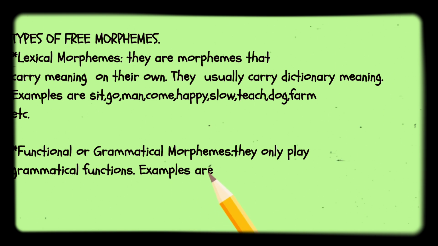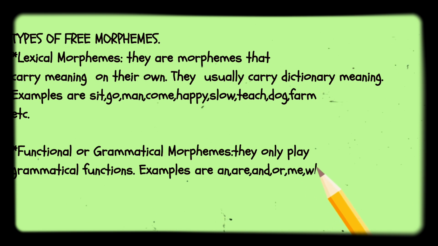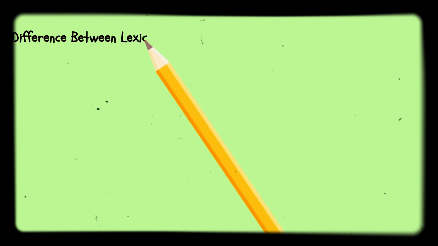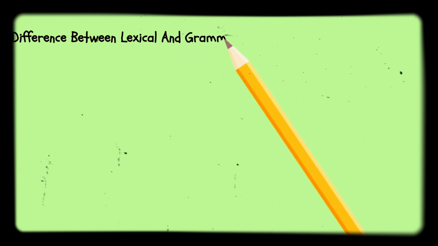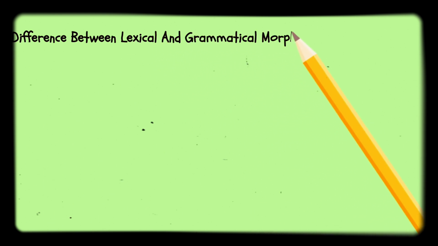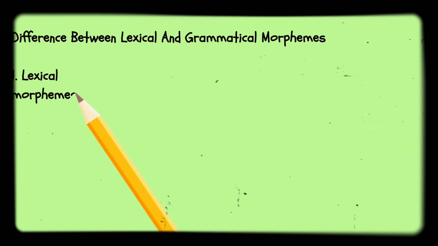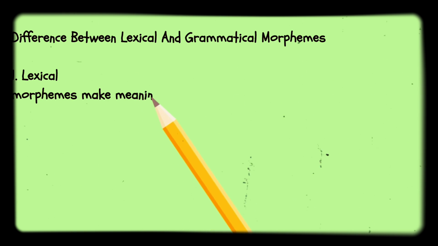Moving forward, we'll go to the difference between lexical and functional or grammatical morphemes. The first difference between them is that the lexical morphemes make meaning even when they are not used in context.